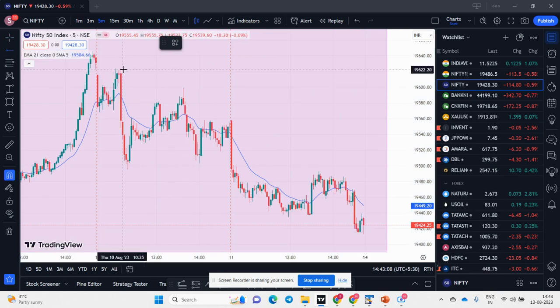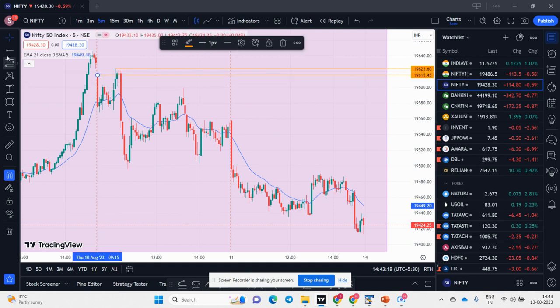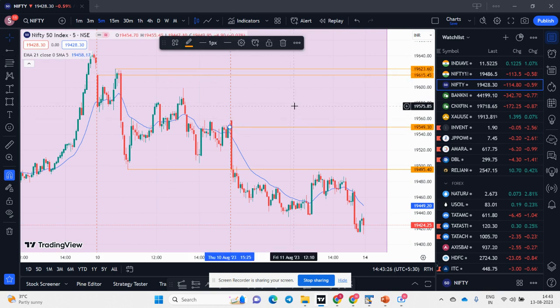So I'm choosing the horizontal ray to mark the high, open, low and close. These four lines will act as resistance basically because we are in a bearish market.